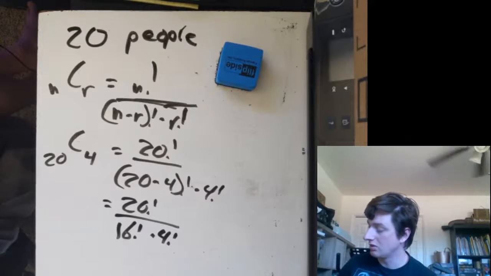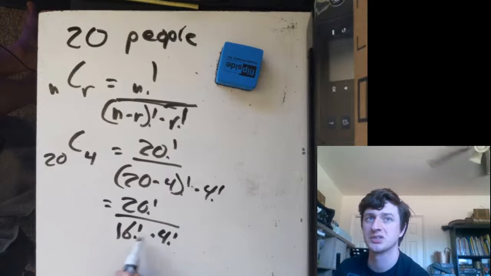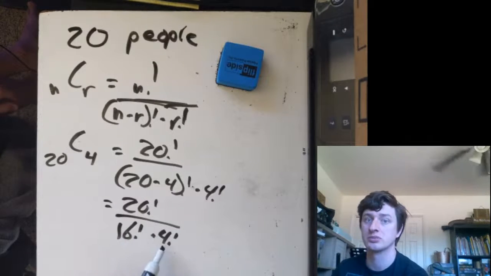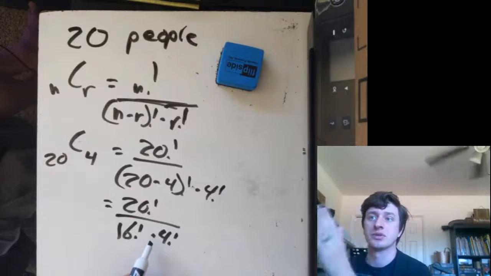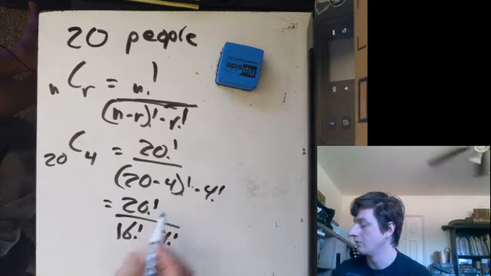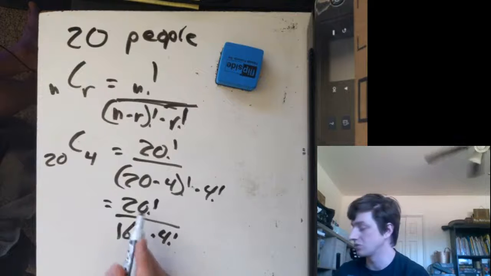Because we are multiplying factorials, we can't just combine 4 times 16 and keep that as a factorial. That would be way bigger than 16 factorial times 4 factorial, because it counts all those different numbers after the first with the factorial multiplication. But what does simplify is 20 factorial divided by 16 factorial.